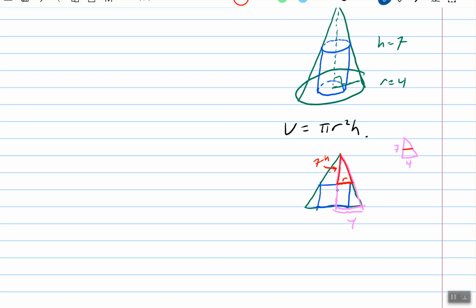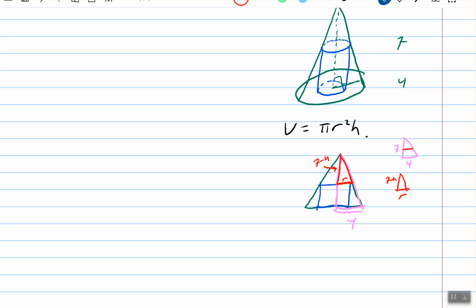This piece right here is the height of our cylinder, that's h, so this is the difference. So this red triangle has dimensions r and 7 minus h, because the whole thing is 7, this piece is h, because that's what we're calling the height of our cylinder, so this difference is 7 minus h.